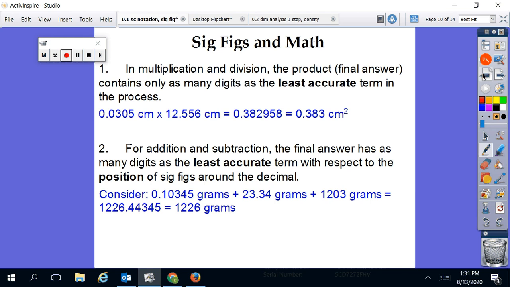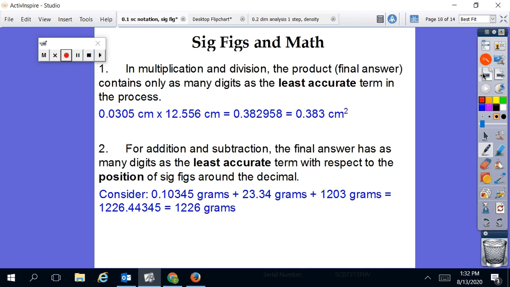In multiplication and division, when you look at the product, you are counting the same number of sig figs as the least number in one of the terms you're multiplying. Okay, so in multiplication and division, the final answer contains only as many digits as the least accurate term.